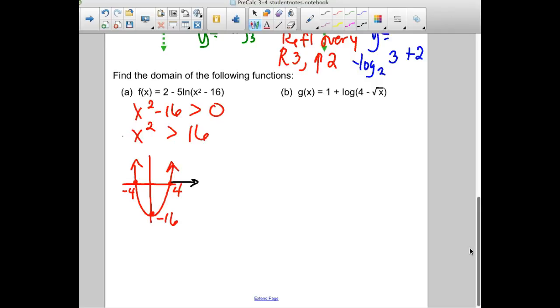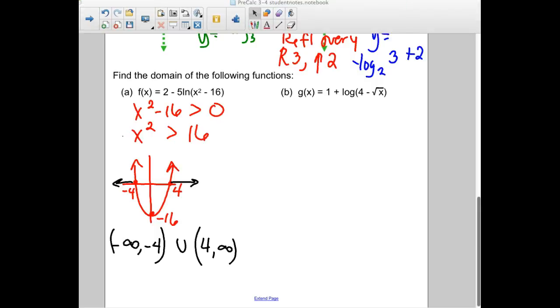So something over here or something over here. So my domain would be from negative infinity to negative 4, and then jumping over and going from 4 to infinity. Do I include the 4 in the negative 4? No, because I can't equal it. I have to be strictly greater than it. Okay? At your tables, go ahead and discuss question B.